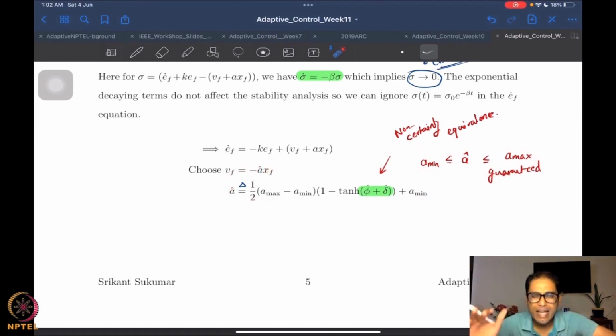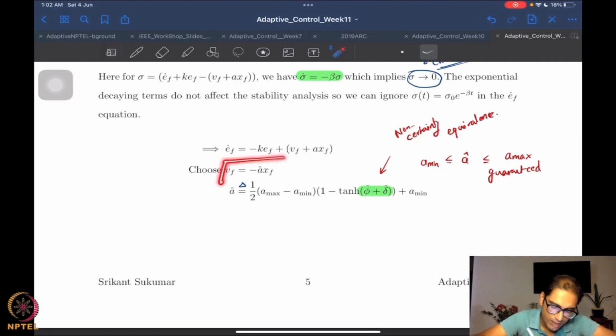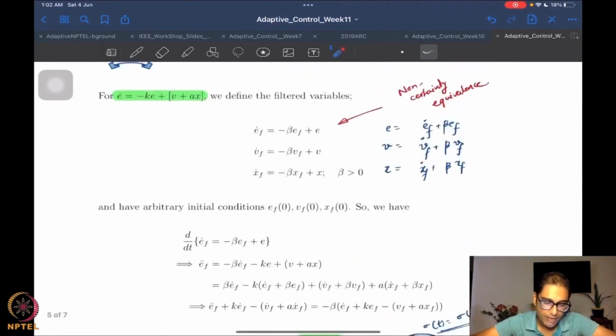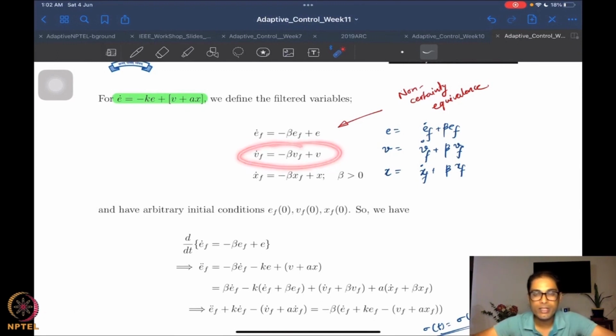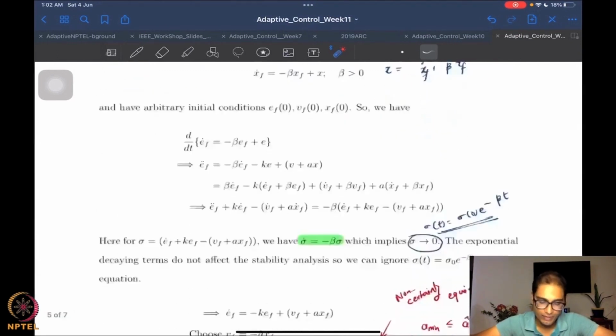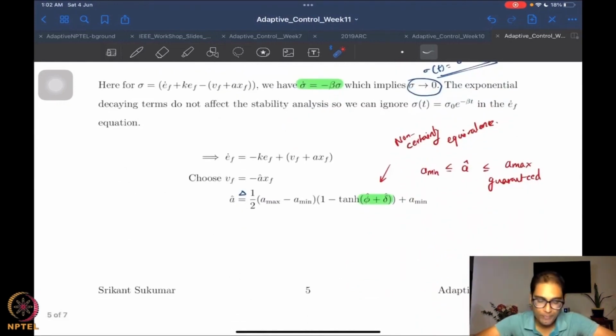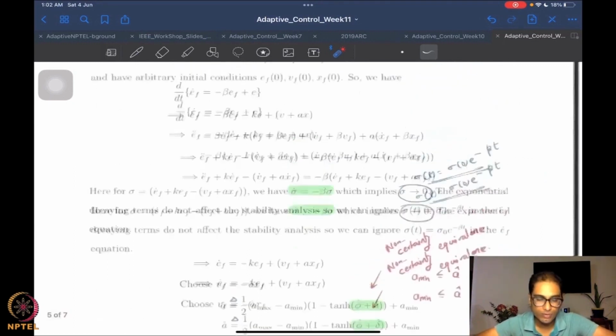So it doesn't matter what happens to v dot, negative definite, positive definite, and all that. As soon as I have this kind of an expression, I'm guaranteed to have vf bounded. And if vf is bounded, it's not difficult to see that v will also be bounded, because v is just vf dot plus beta vf. So everything is going to be nice and bounded, just like you want it. You will not get unbounded controls and so on.